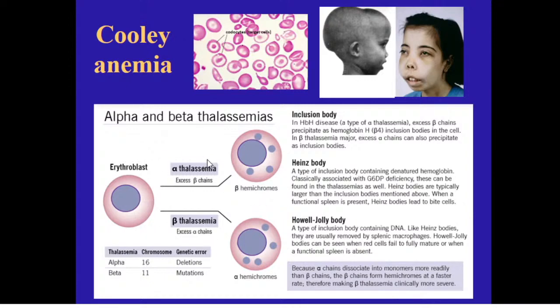In alpha thalassemia, we have an excess of beta chains. These hemoglobins also cannot perform their functions normally and cause hemolytic anemia in these patients, which is sometimes accompanied by changes in the structure of bones.